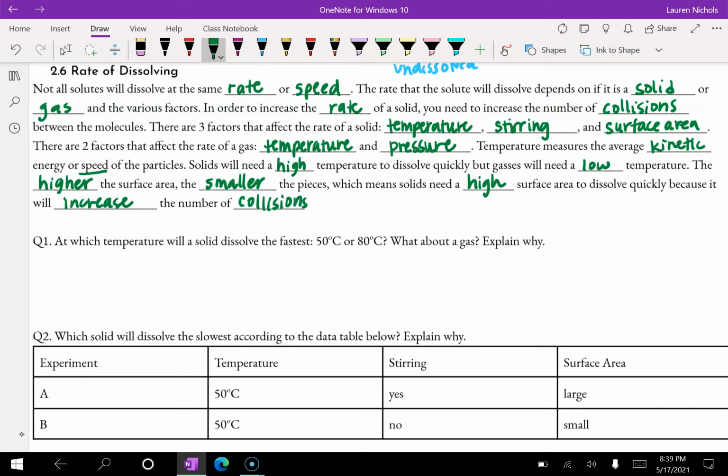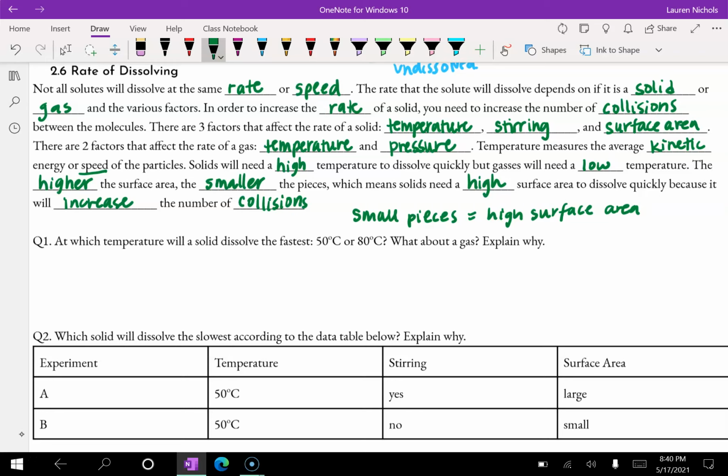So keep in mind, if you have small pieces like a powder or something like that, that means that you have a high surface area. If you have really large pieces, then that means you have a low surface area. And solids want a high surface area, so small pieces.